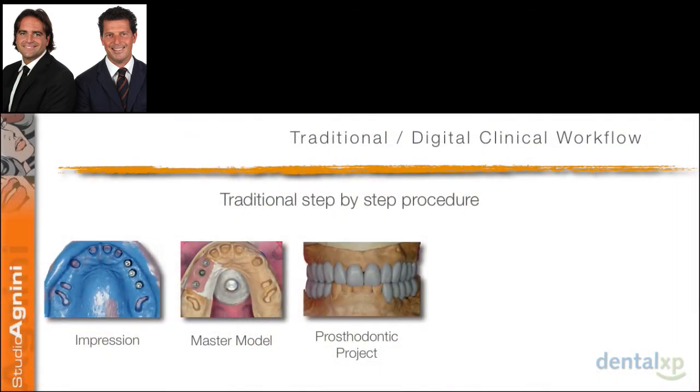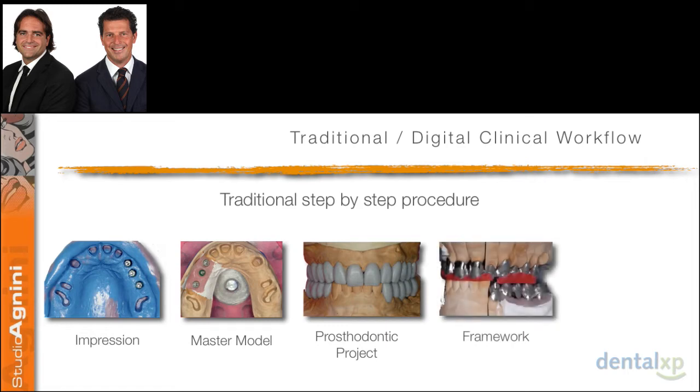The traditional step-by-step procedure, the one that we have always used for the last 30-40 years, is that when we have, for example, this complex case in which you can see implants, teeth, and periodontal abutments, and we arrive at the step of the final impression, we can take the regular traditional impression from which a master model will be poured, and on the master model a prosthodontic project based on the second provisional is going to be done in wax by the technician, and from the prosthodontic project the frameworks will come out.